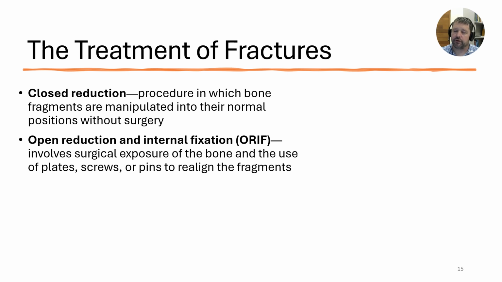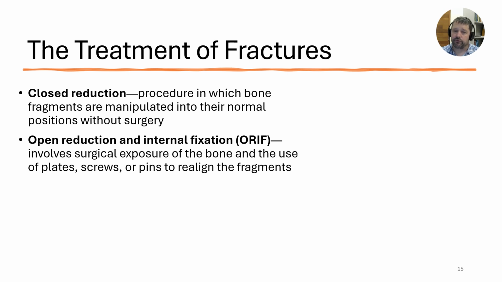An open reduction means that you have to do a surgery, you have to open them up, okay, and if you have to open them up, you're going to have to have an internal fixation. So these are called ORIFs.